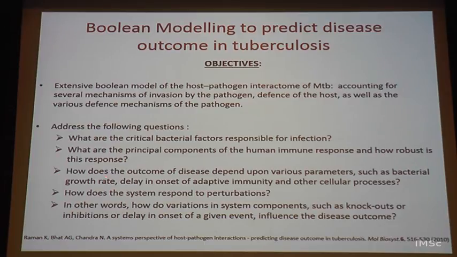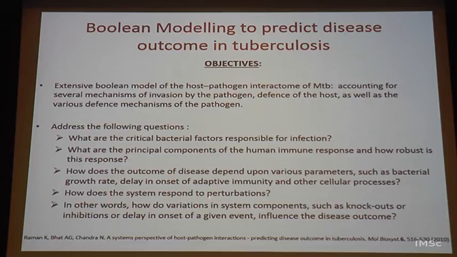And how does the outcome of the disease depend on the delay in the onset of adaptive immunity? Again, this kind of model applies to an individual vaccinated with, say, the BCG vaccine that is available for tuberculosis, and therefore the adaptive immune system is triggered much quicker than in a non-vaccinated individual, and so on.